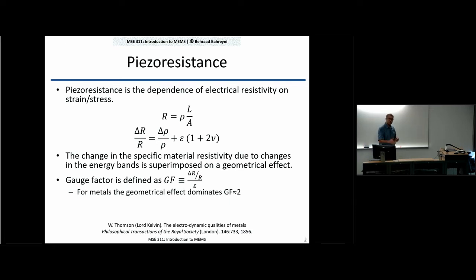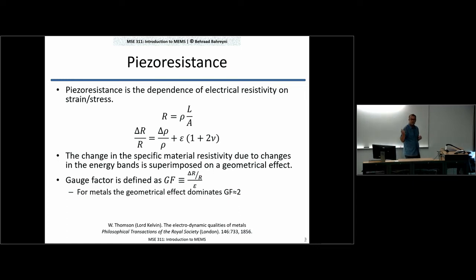These are such good conductors that even though delta rho may change a tiny bit, it's just negligible compared to the geometrical effect. So the second term, that epsilon times 1 plus 2 nu, will dominate. And when you normalize it by epsilon for gauge factor, you have 1 plus 2 nu as the delta R over R value.